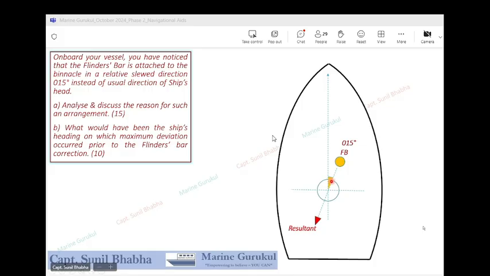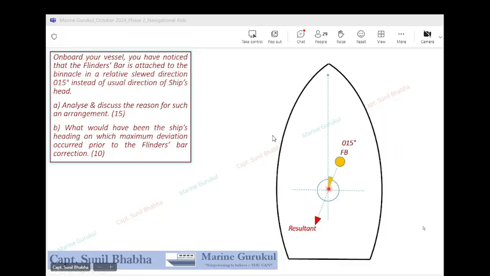As you can see, this red color arrow shows us the direction of the resultant magnetic field caused because of vertical soft iron. If the vertical soft iron causes a field in the direction of the red arrow, the Flinders bar, the yellow color round, will cancel its effect and the compass will be corrected.